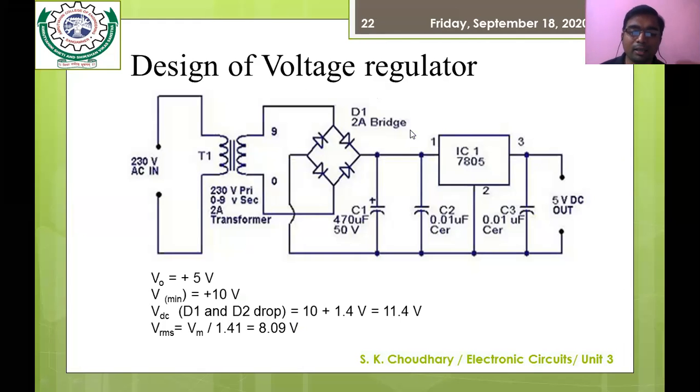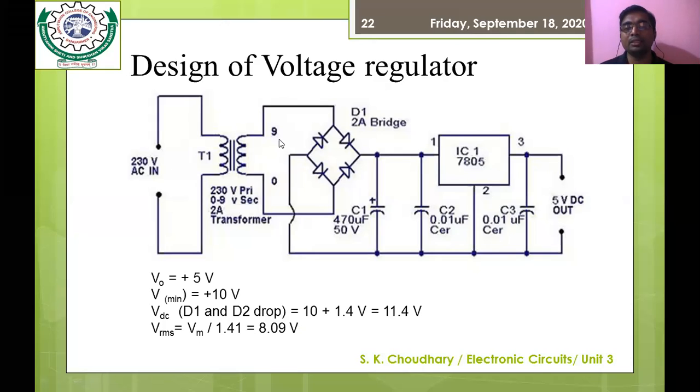And this is the basic block diagram, the circuit diagram. Based on the block diagram we have learned for the voltage regulator, it shows the important elements, and it is shown that we have to produce a 5 volt DC output. For that we need a step down transformer that produces an output voltage of 0 to 9 volt, meaning 9 volt AC is produced at the output of the transformer.